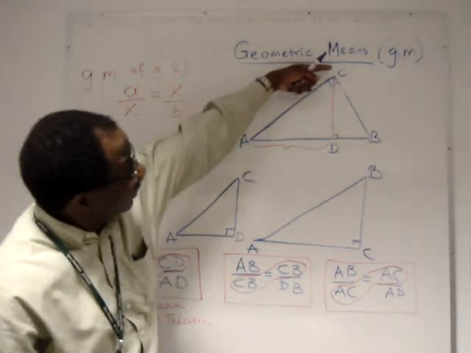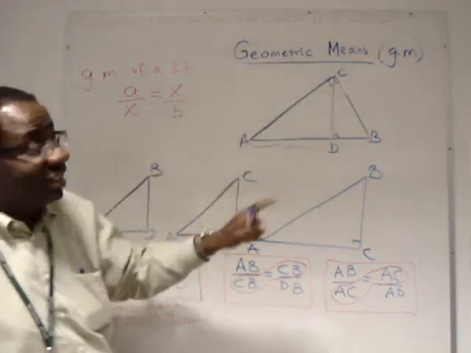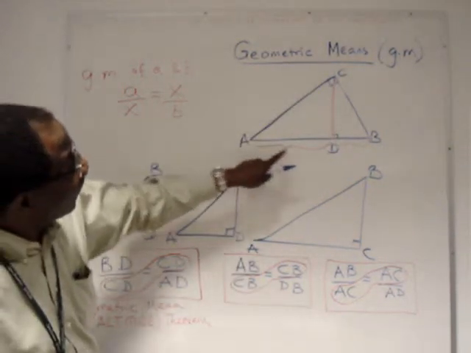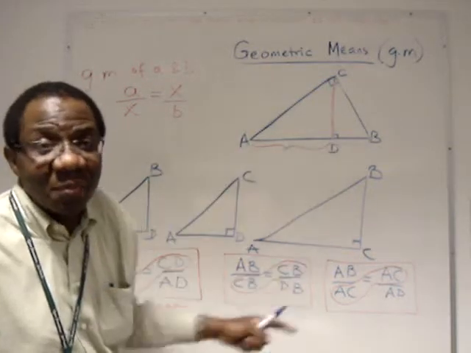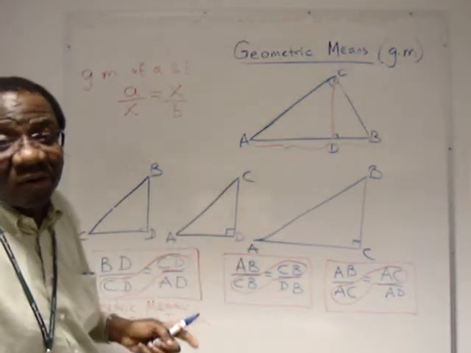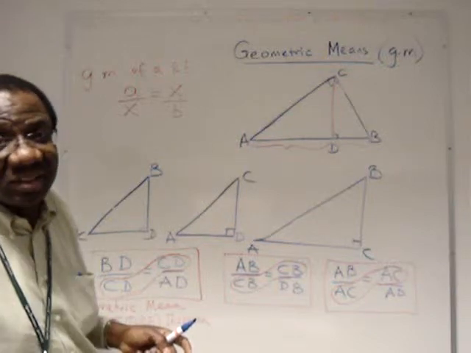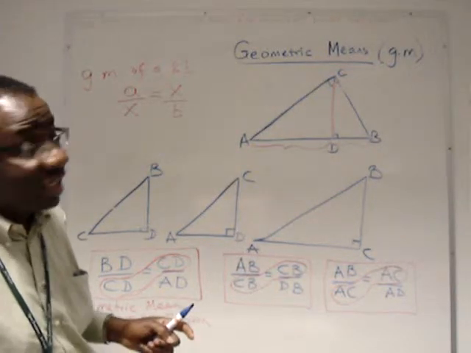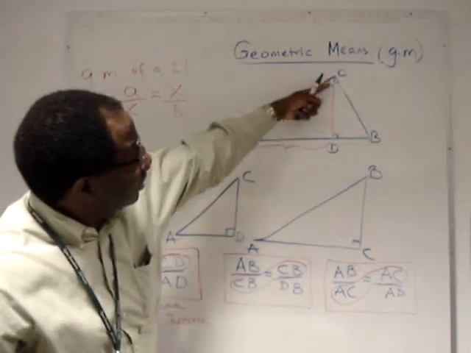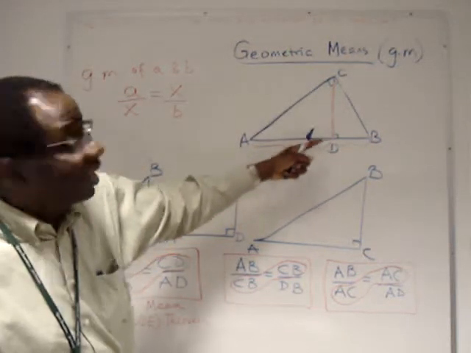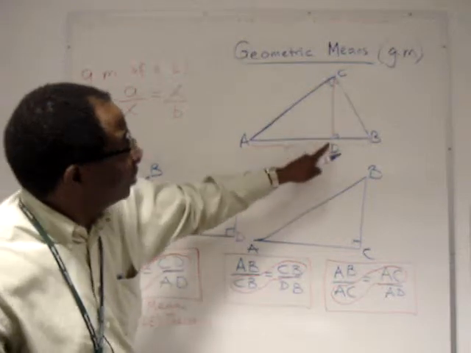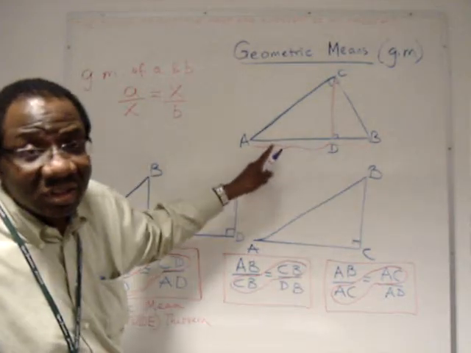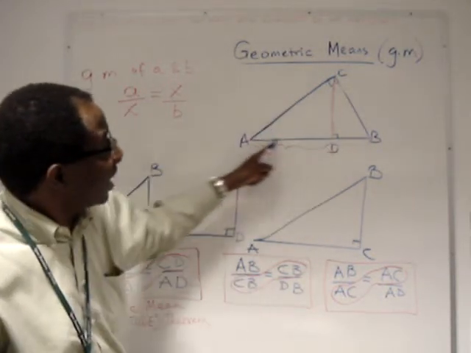Because it's telling you that the altitude is the geometric mean of the two broken up portions of the original hypotenuse. Listen to me again. The altitude is the geometric mean of the two broken up portions of the original hypotenuse.